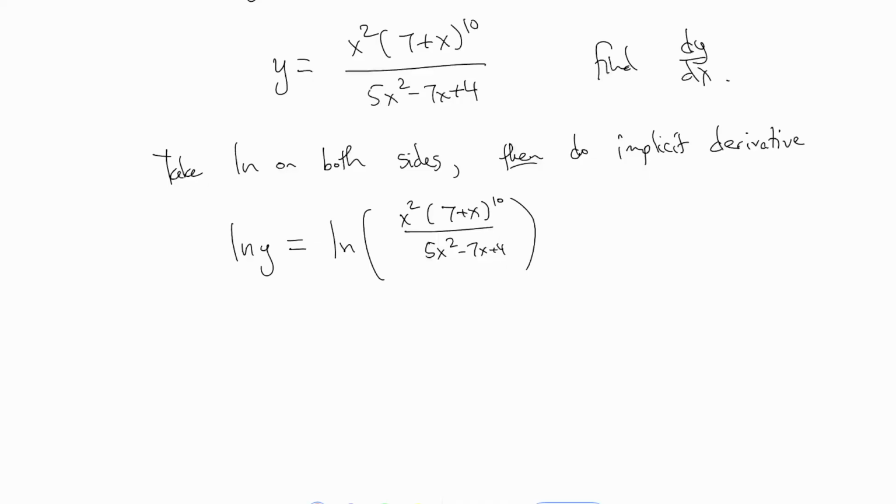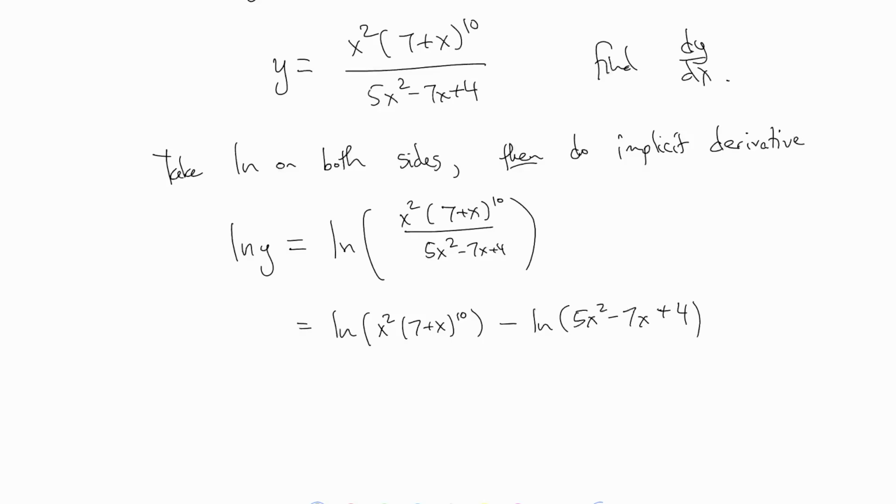Can anyone say what the first rule of the log we should use is? Yeah, the subtraction rule. Because this overall looks like a quotient, I can write it using a subtraction instead. This is how the logarithmic differentiation trick avoids the quotient rule. That's the whole purpose of this. Instead, I'm going to use the quotient property of the log, which is the subtraction rule.